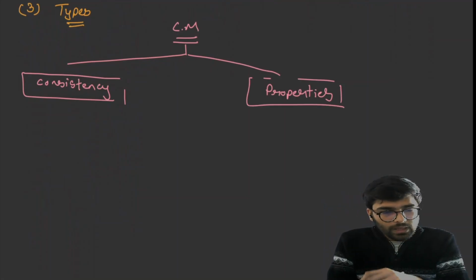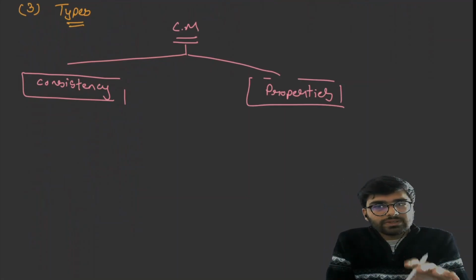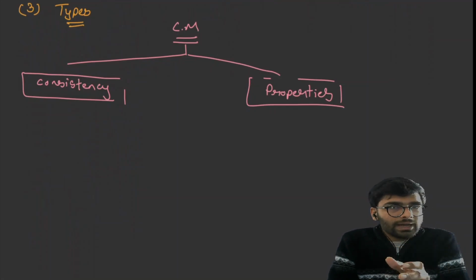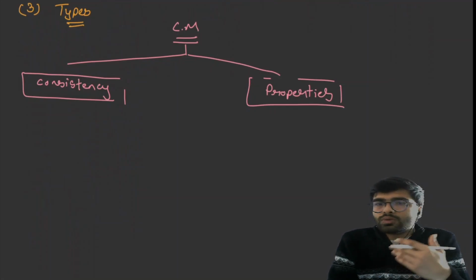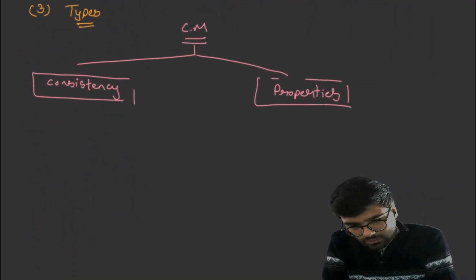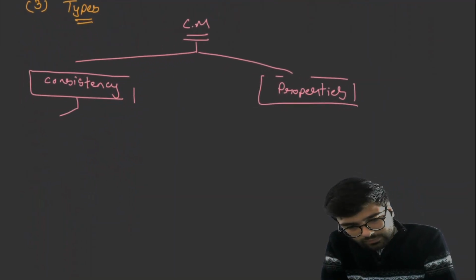Okay. Now classification based on consistency. Now you all know what consistency is. We can divide culture media into solid and liquid. So we have solid media and we have liquid media.